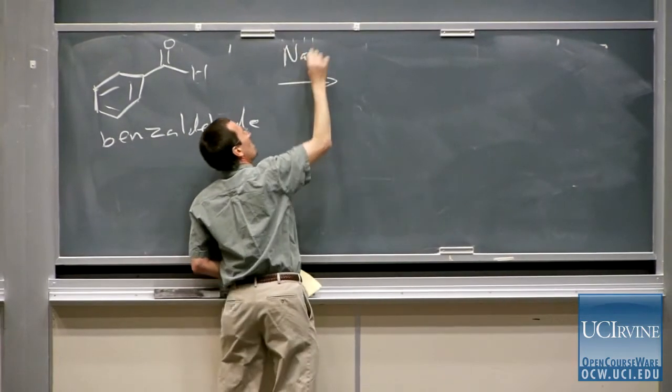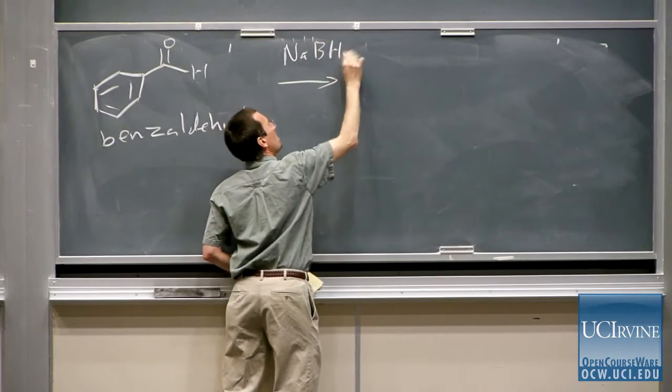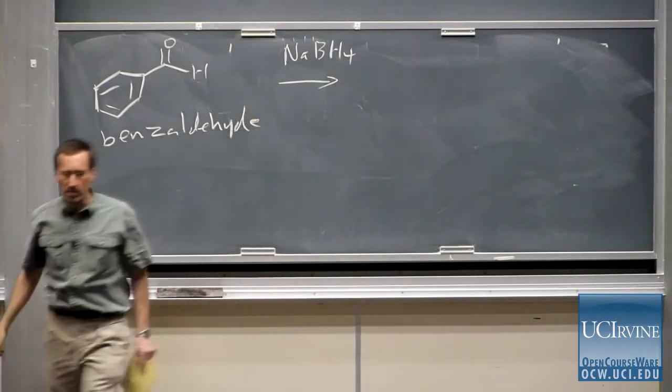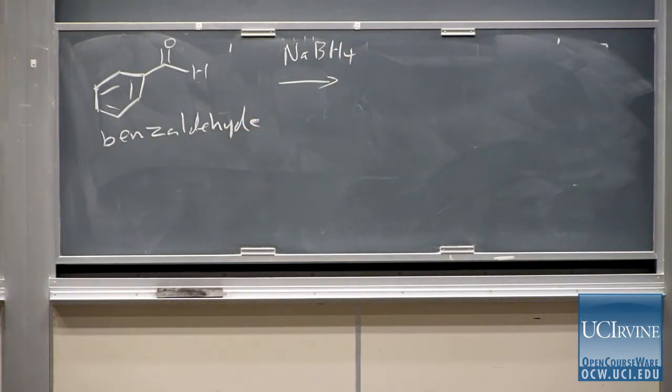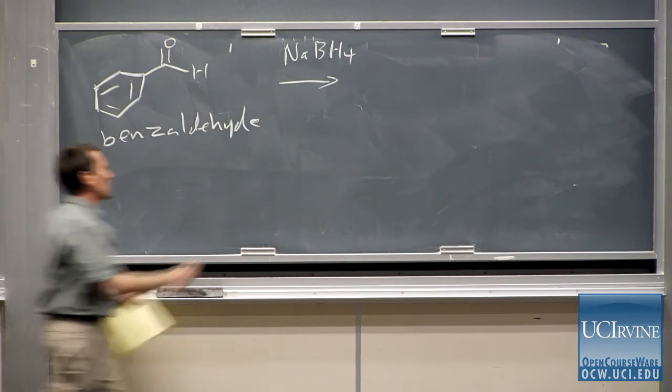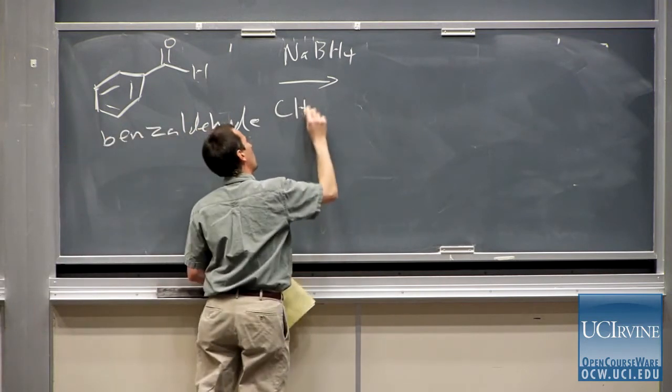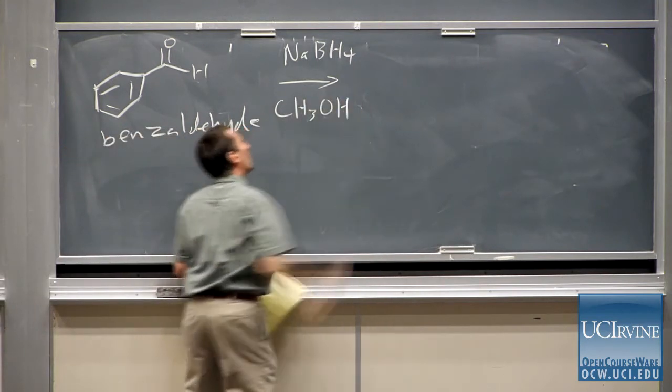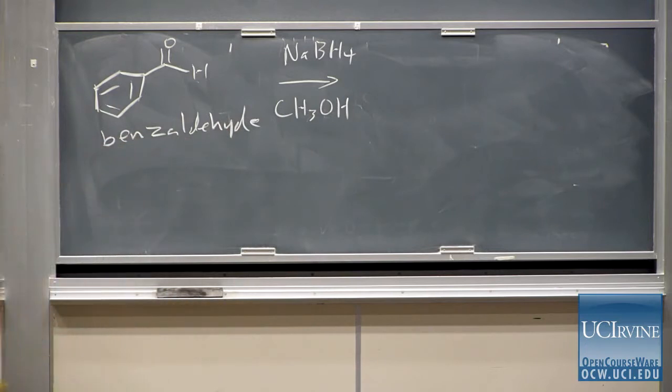If you take, for example, sodium borohydride, the reaction would work with lithium aluminum hydride, but I'd like to introduce you to other common reducing agents. In this case, you can actually run the reaction in a solvent like methanol or ethanol. As I said, sodium borohydride reacts only slowly with water.